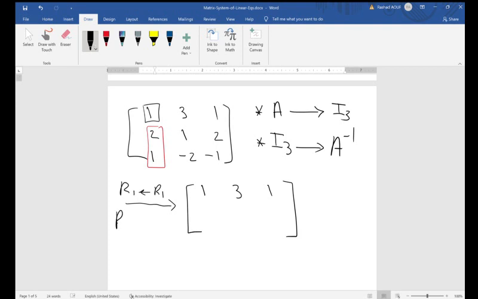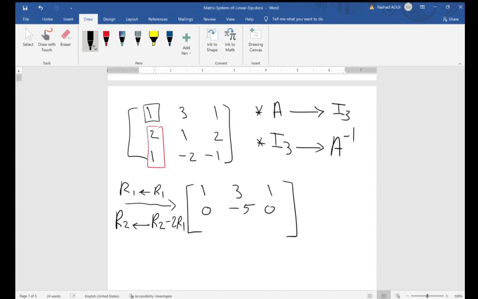What operation can I make between row 2 and row 1 to obtain 0? Here it's 1 and it's 2. If I make 2 minus 2, it should be 0. So how can I make row 1 equal to 2? I multiply it by 2. So row 2 minus 2 row 1. I obtain 0, minus 5, 0.